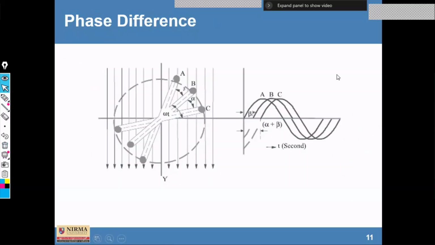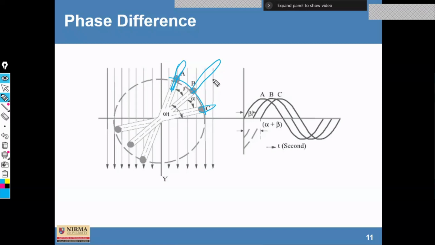So here I have represented three different quantities. Fine. Here we can say the magnitude is same in this case. Another case is also possible that the magnitude is different. So in three different cases, the size of the coil is also different, and the amount of magnetic flux cut by these different quantities is also different.